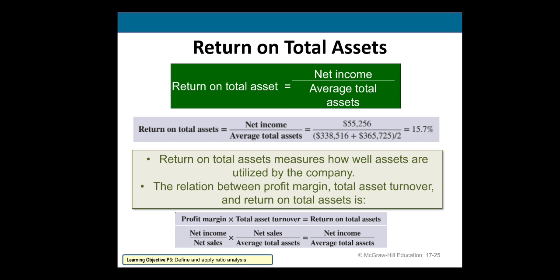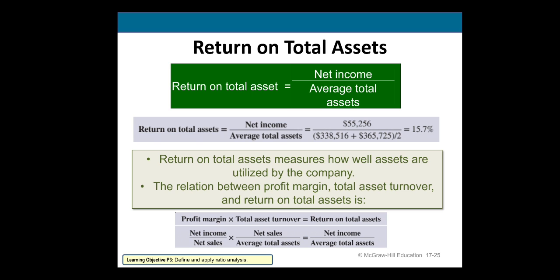But the one thing that you have to know, return on total asset shows for every $1 of asset, how much profit the business can generate. If the number here is 15.7%, it shows that for this business, for every $1 of asset, the business can use the asset to generate 15.7 cent profit.